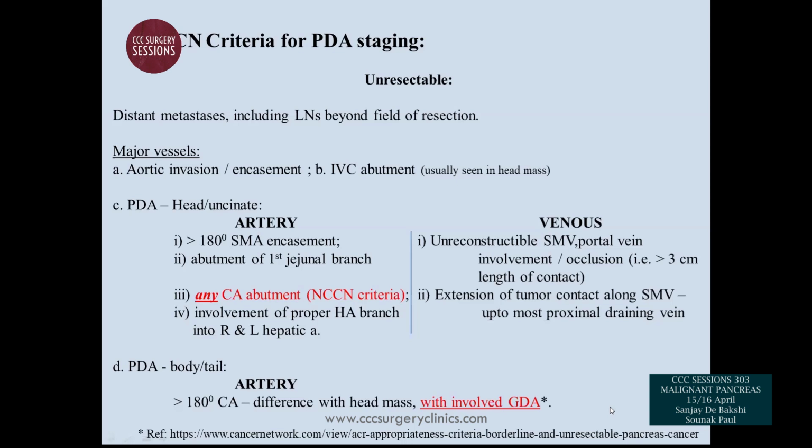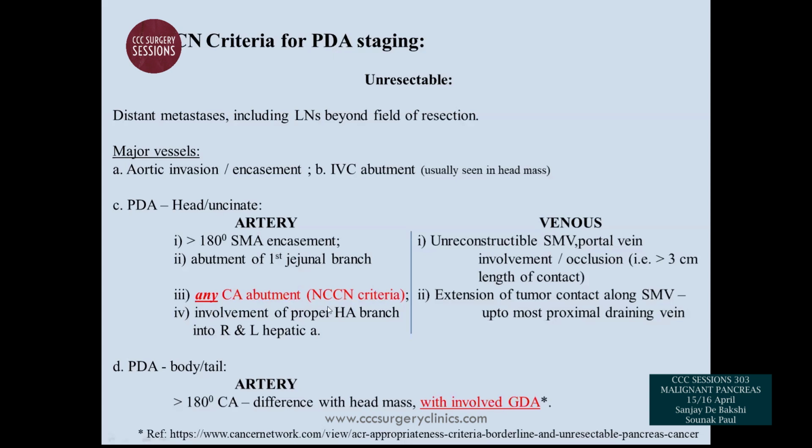Coming to the lesions in the head and uncinate process, any encasement of the superior mesenteric artery or abutment of its first jejunal branch is unresectable, and any head or uncinate mass, if it is in contact with the celiac artery, even if not causing a 180-degree or more encasement of the artery, is unresectable according to the NCCN guidelines.